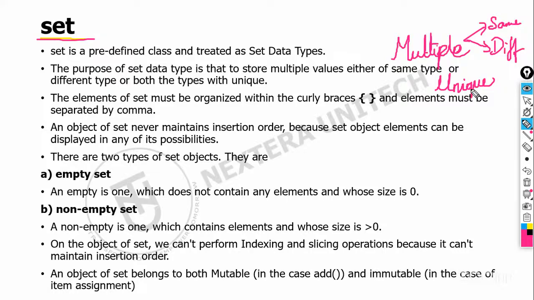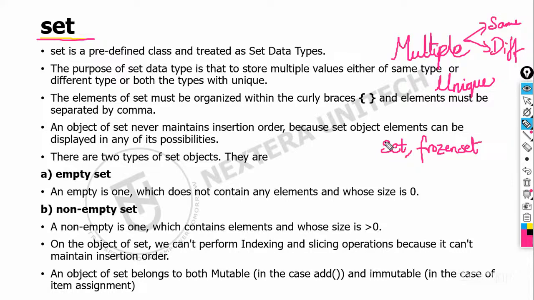And what are the data types that we have in the set category? There are two types under the set category: one is set and the other one is FrozenSet. We have understood the properties of set, and also covered many functions that can be used on the set data type.